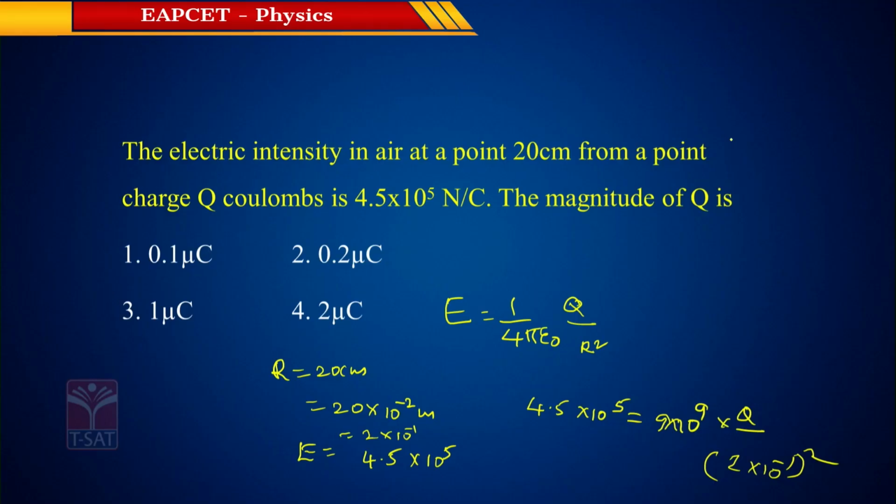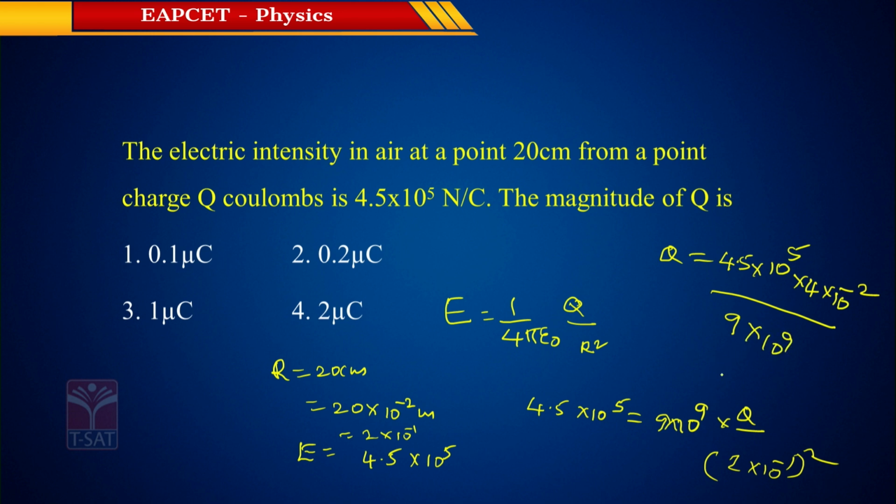Therefore, shall I write it up? q is equal to 4.5 into 10 to the power 5 into (2 into 10 to the power minus 1) whole square, which means 4 into 10 to the power minus 2, divided by 9 into 10 to the power 9.